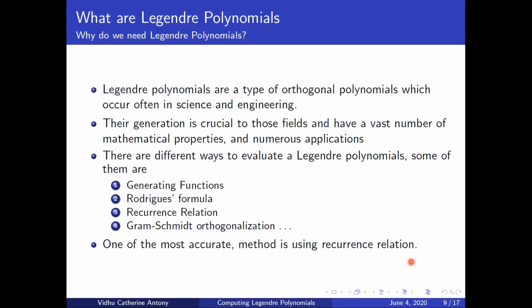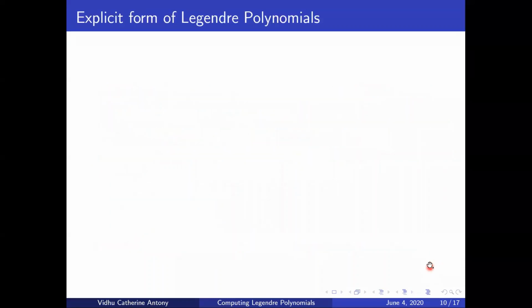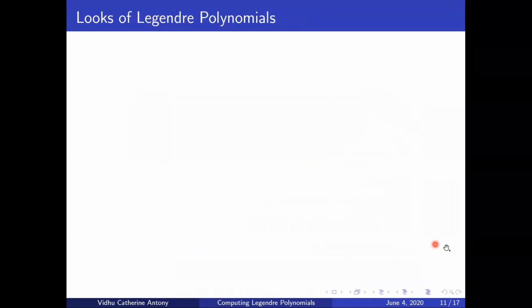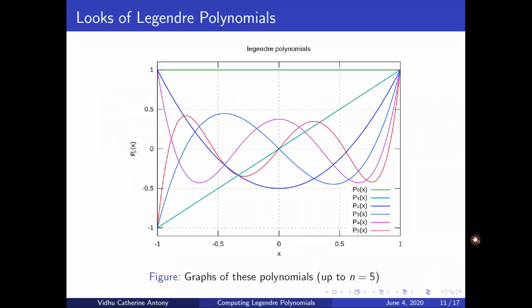You can get almost the same value that you can calculate using the explicit form. These are the different explicit forms of the Legendre polynomials that you can calculate, and even these can be calculated using the recursion relation. So if you know Bonnet's recursion formula, you can use it to calculate these explicit values of the Legendre polynomials.